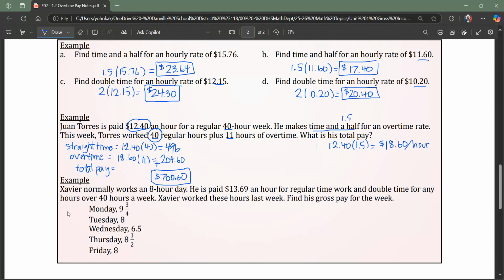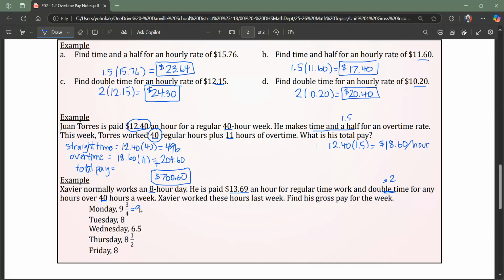All right, next example. Xavier normally works an 8-hour day. He is paid $13.69 an hour for regular time work and double time, so double time is the number 2, for any hours over 40. Xavier worked these hours last week. Find his gross pay for the week. So Monday, 9 3/4.